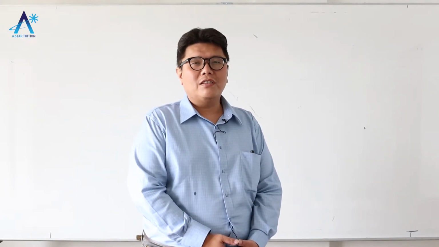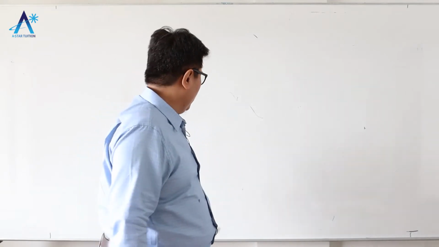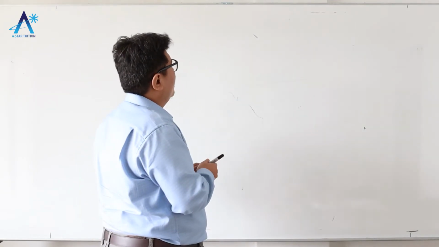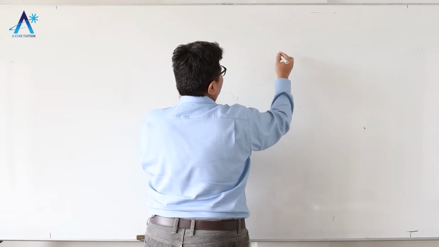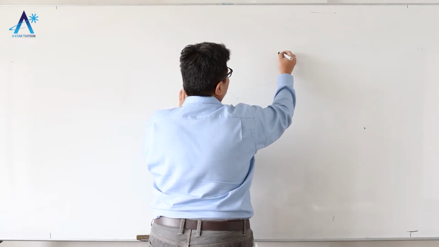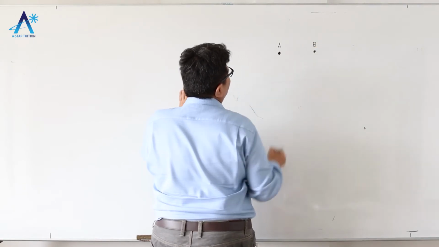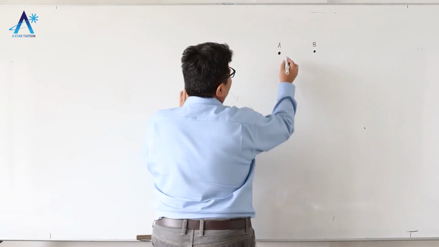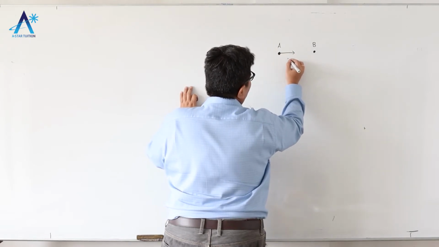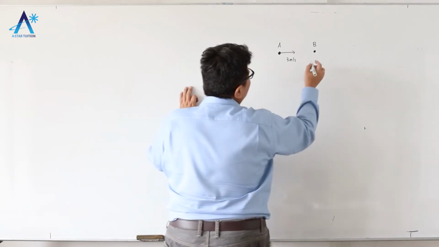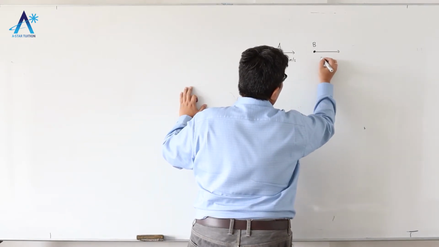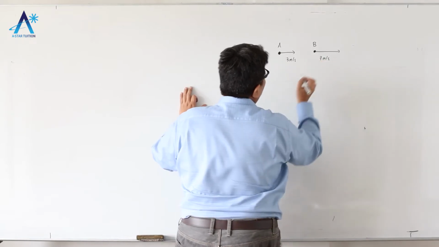Another concept that I want to discuss is the notion of relative velocity. So what is relative velocity? Let me set this up. Imagine that there are two objects, A and B. A is moving to the right with a speed of 3 meters per second, and B is also moving to the right but with a speed of 7 meters per second.